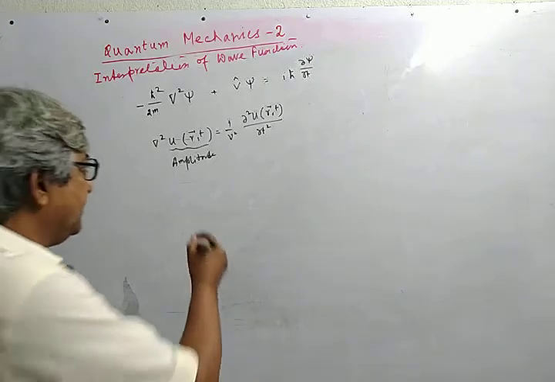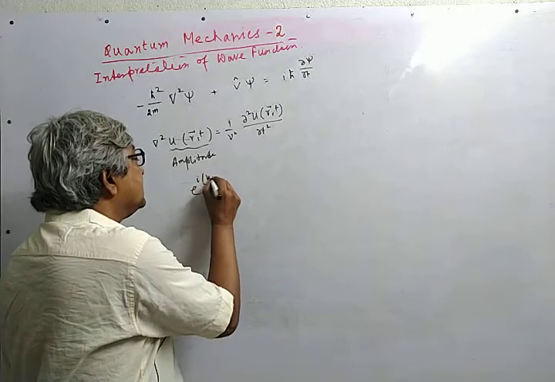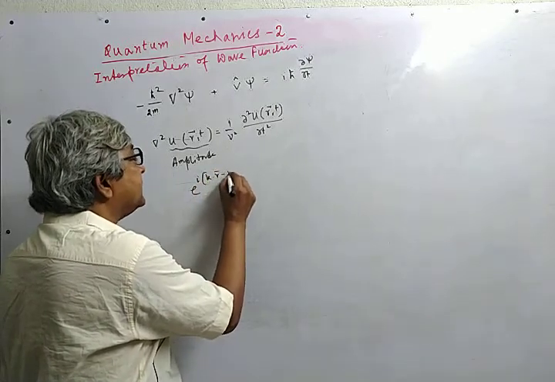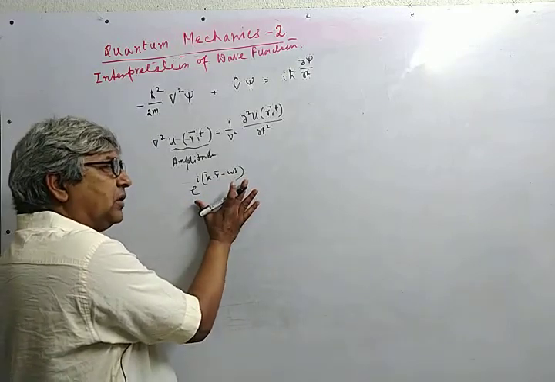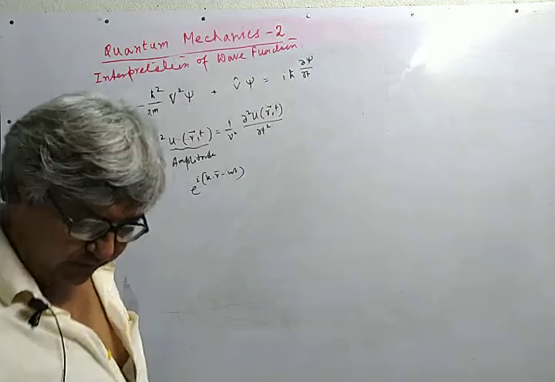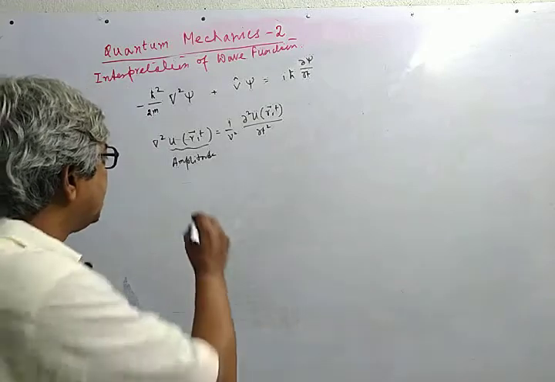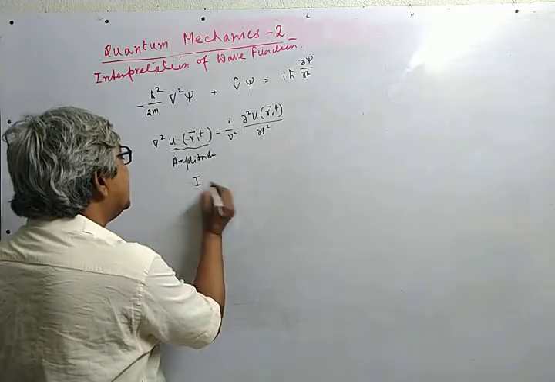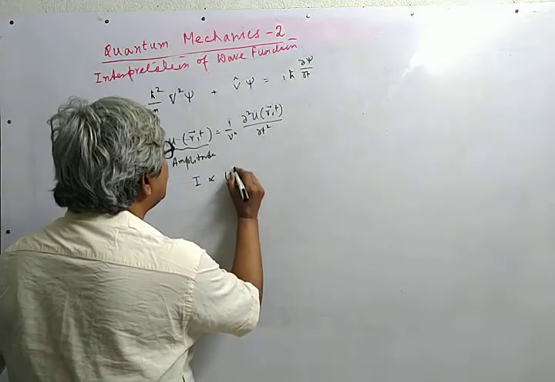Even if we represent u by e to the power i(k dot r minus omega t) as for a plane wave, then either the real part or the imaginary part of it represents the physical field. So in that sense, u is a real quantity, and we know the intensity, that is the energy flux, is proportional to u square.